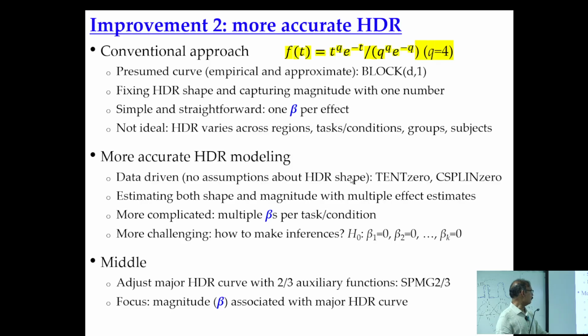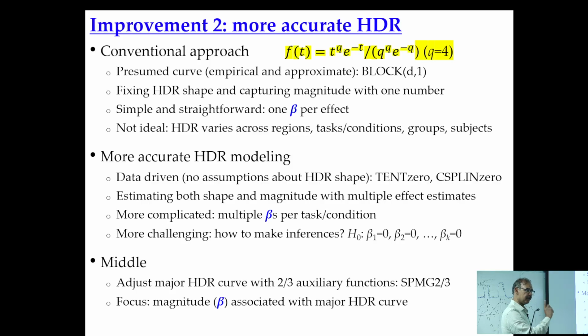Perhaps a better way would be to model the hemodynamic response function, right? One way, as I had mentioned, is using breath holding or making someone breathe CO2, but there are other measures also with which we can estimate it. By using these methods, we can estimate both the shape and magnitude with multiple effect estimates, right?